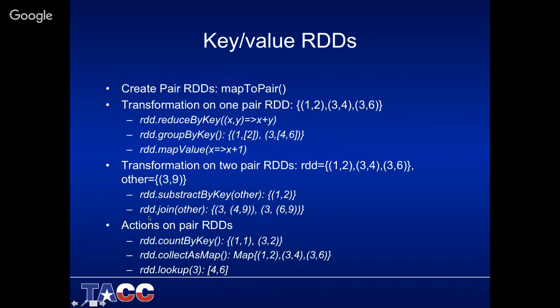When you do the join operation, you will see the common keys here, like 3. There are 2, 3 here, and then they will put 4 and 9, and then for the common key 3, 3, and 3, and 6, and 9, put together into a tuple.